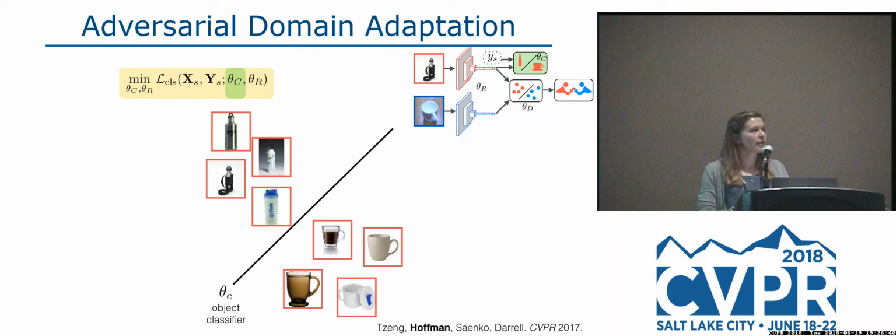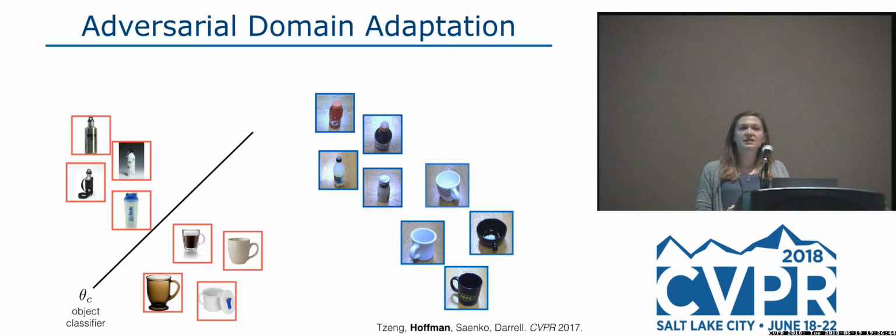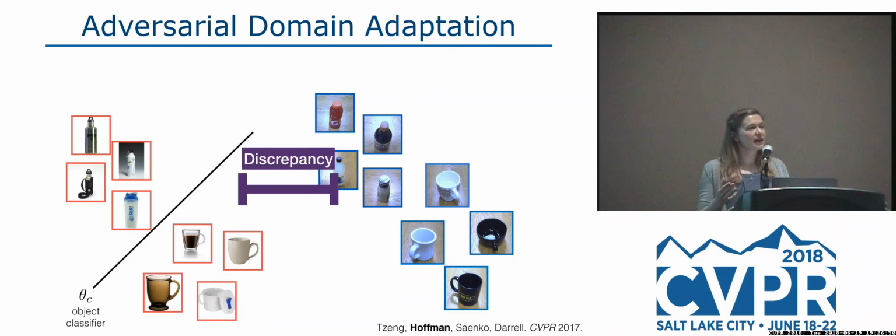Now the problem arises when you use this representation to view data from your target data set, in this case the real-world images. In particular, if these two distributions are far apart, or if the discrepancy is large, then the model that you trained on the red data points to determine which are the bottles and which are the mugs is less likely to work well on these blue unlabeled data points.